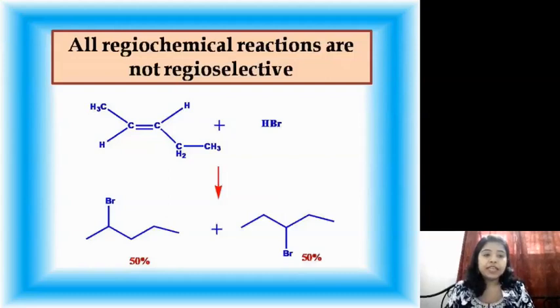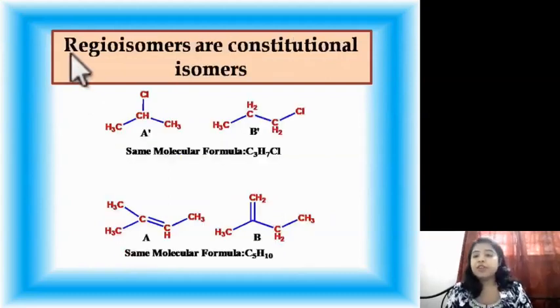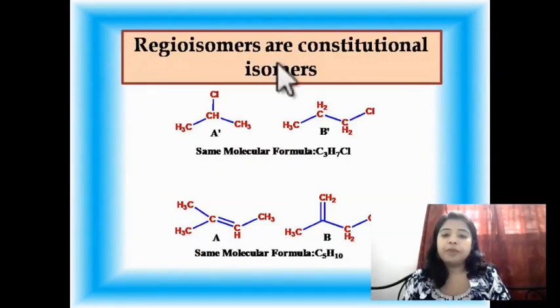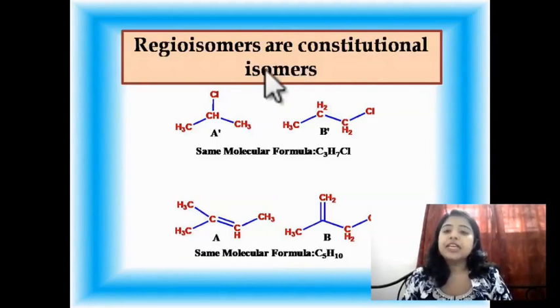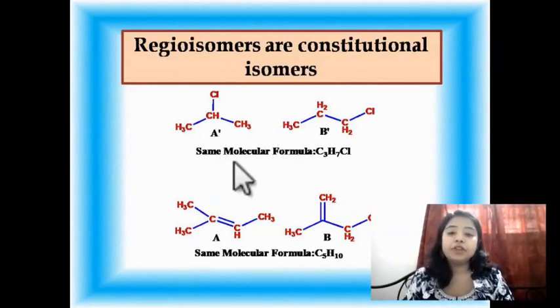Now let us discuss some other aspects of regioisomers. When you were studying stereochemistry, hopefully you came across constitutional isomers as well as conformational isomers. Constitutional isomers are formed when they are not interconverted to each other at room temperature and they have different bond connectivity.